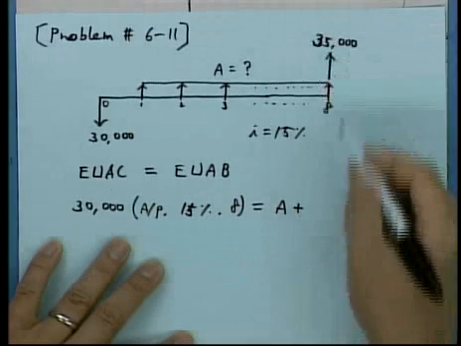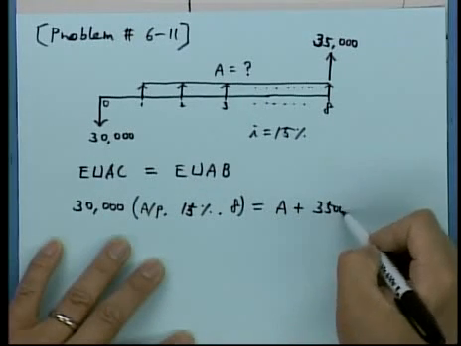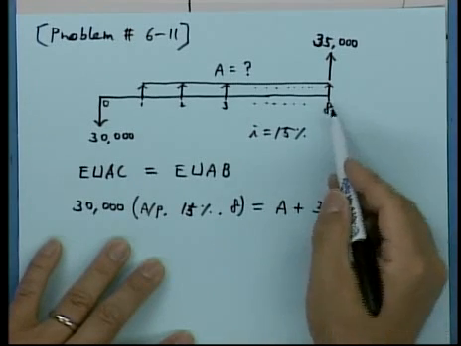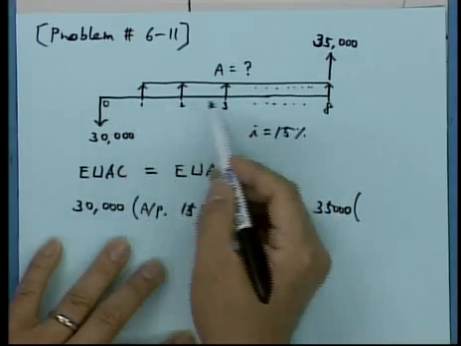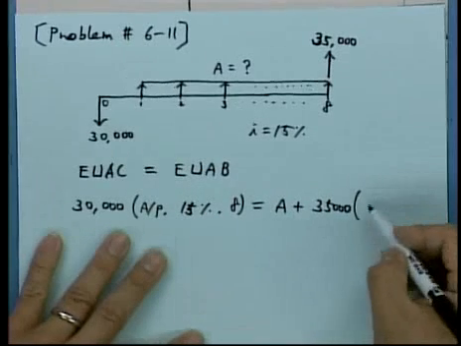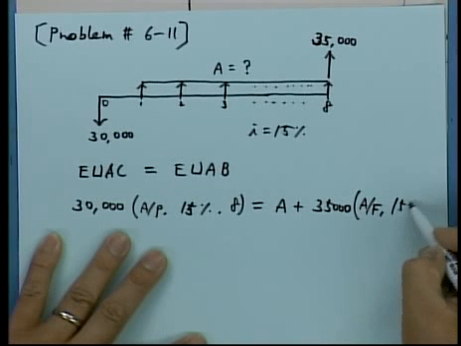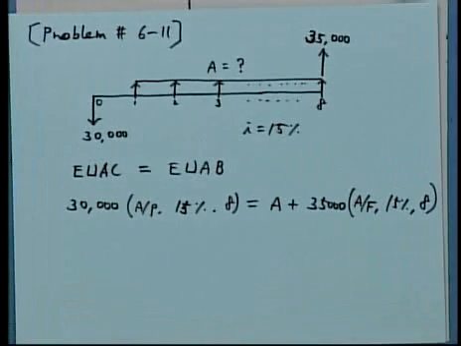Plus the $35,000 at the end of period 8. So you need to convert it to the equivalent uniform annual benefit, which is A given F, 15% over 8 periods. Okay?